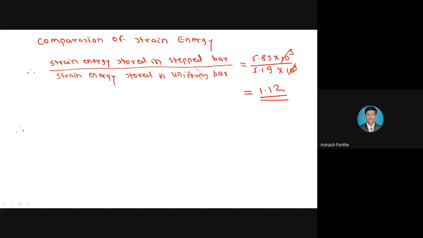1.12 means from that we can say that the strain energy in the stepped bar is equal to 1.12 times the strain energy in the uniform bar.